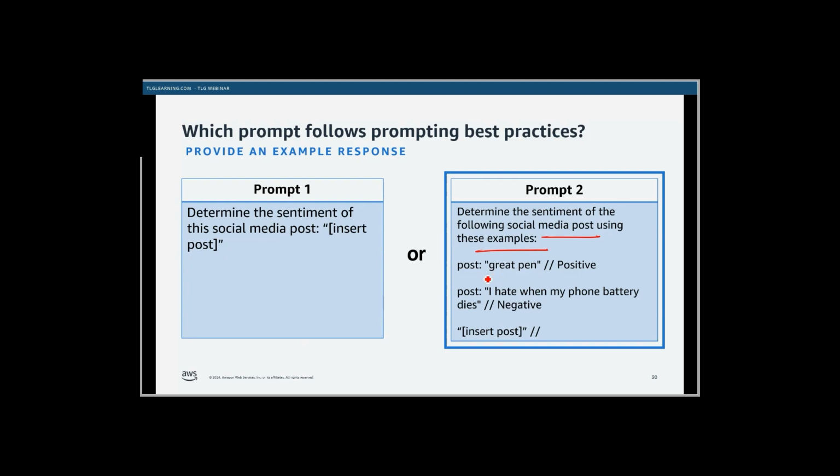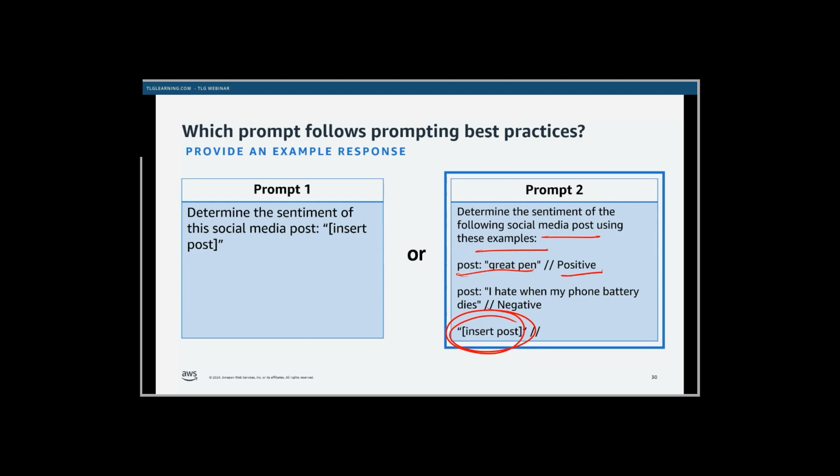And the post, great pen, and then followed by, we got some delimiting characters, 2 slashes between that. And then the resulting sentiment. They're positive in that case. The next one's negative. Then we would provide our input, whatever post.